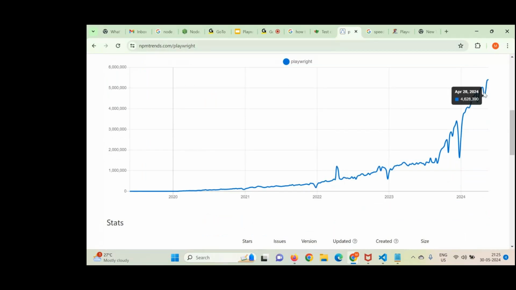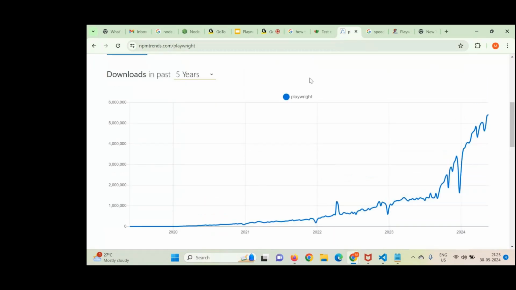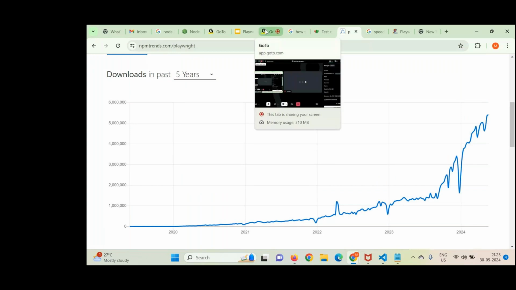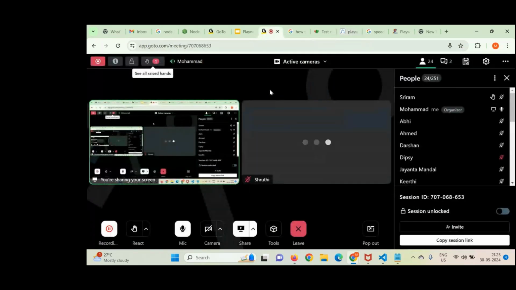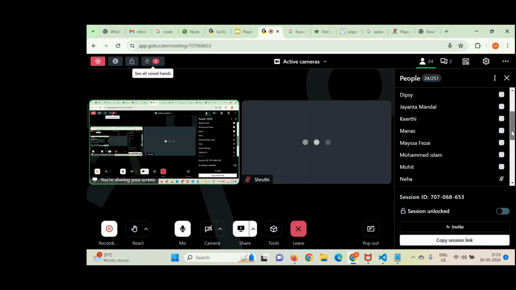You can see it's an exponential graph. New things are getting added. I don't think anything is missing in Playwright; if something is not there, it will definitely come in the next release. Any other questions?